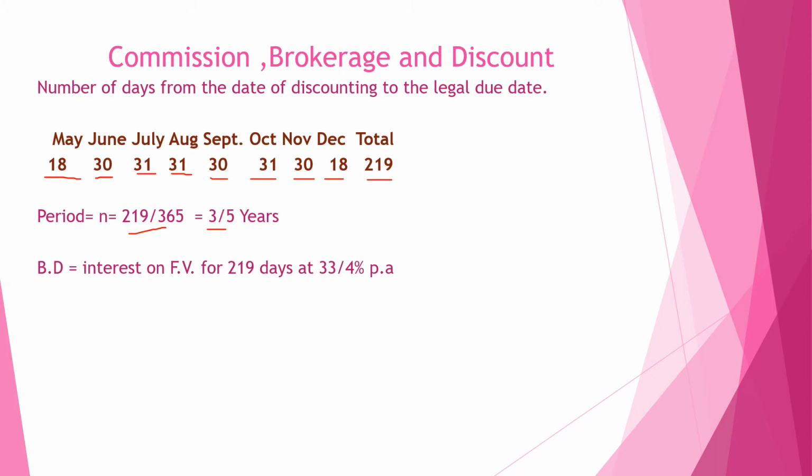Now bankers discount we have, that is interest on the face value for 219 days at the rate of 15 by 4% per annum. So if I calculate, I am having 15,000 into 3 by 5, that is the years, into 15 by 4 divided by 100.